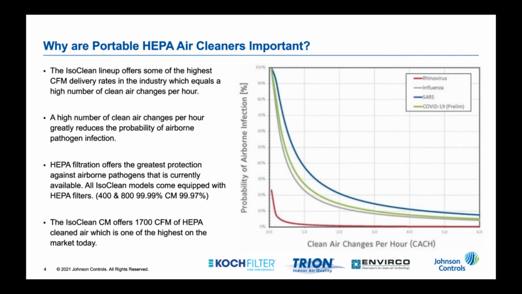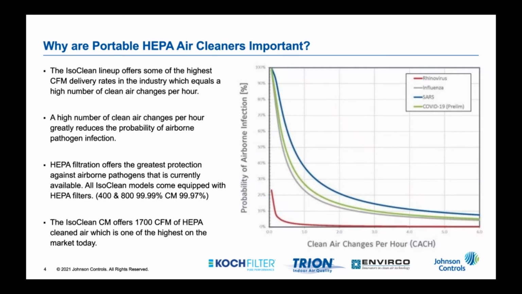You can see with no air changes, the probability is quite high. And as you go to 1, 2, 3 air changes, the probability goes down. Now, if you're familiar with empirical data, there's a point that we like to call the point of diminishing returns.